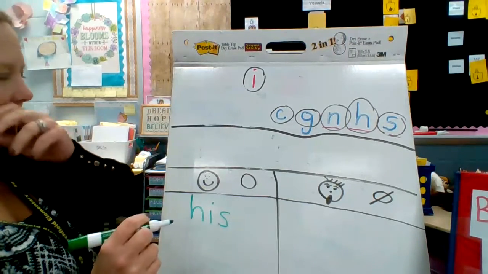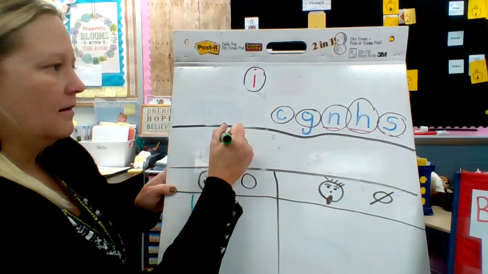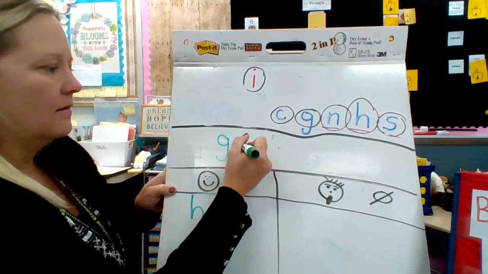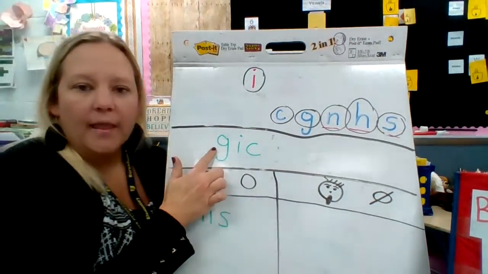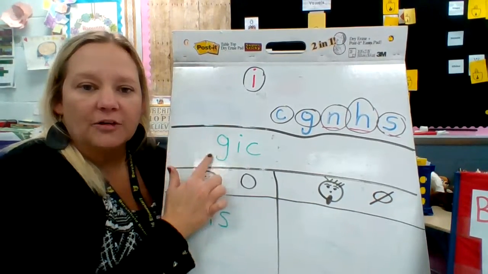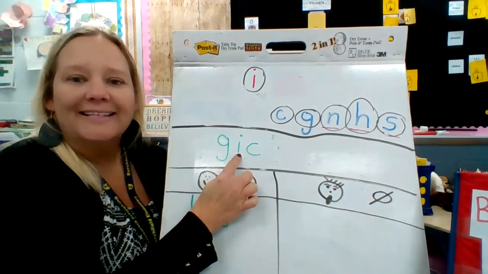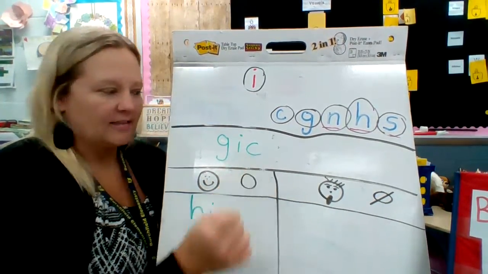Now we're going to do G. The first sound, beginning sound is G. The middle sound is I. And the ending last sound is K. All right, so let's sound it out.